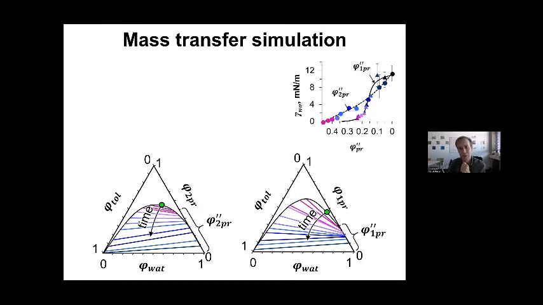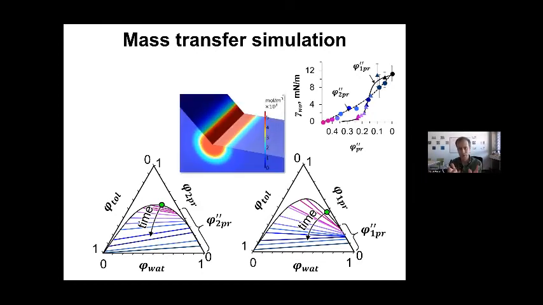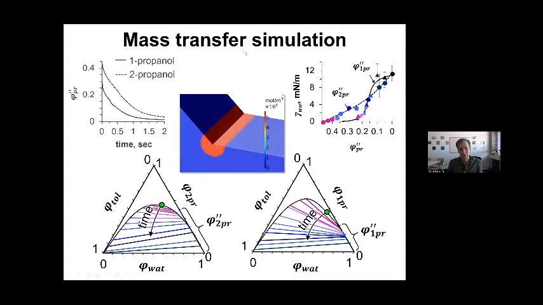Now we have this experimental data. Let's do a COMSOL simulation that's just using Fick's law of diffusion for transient conditions to estimate the solvent concentration in this fiber segment over time. And what we found is that for 1-propanol, the solvent goes down faster than for 2-propanol with time.